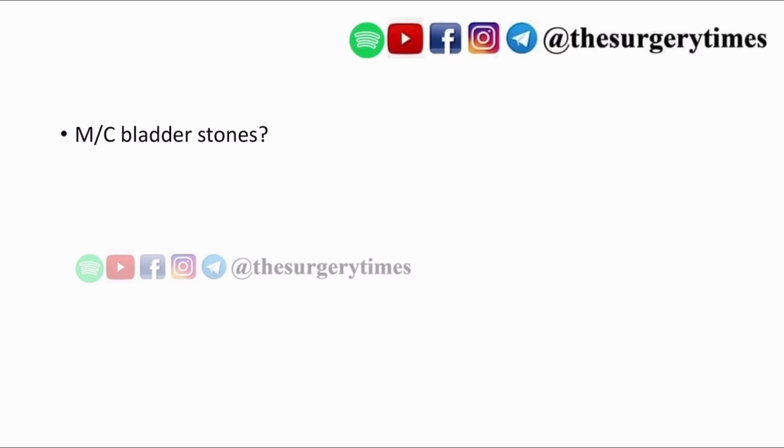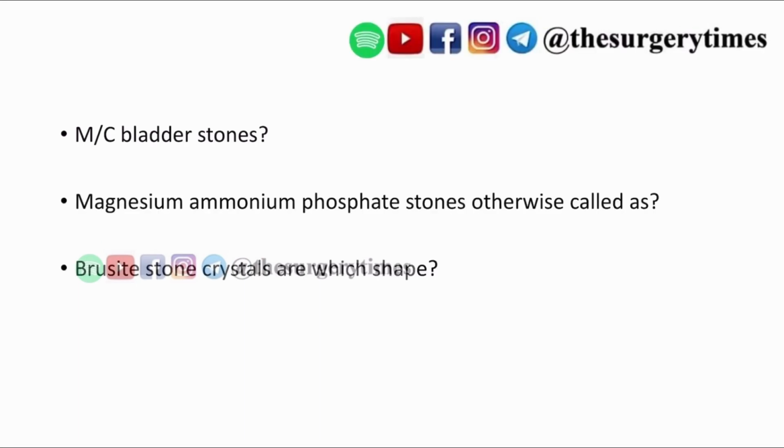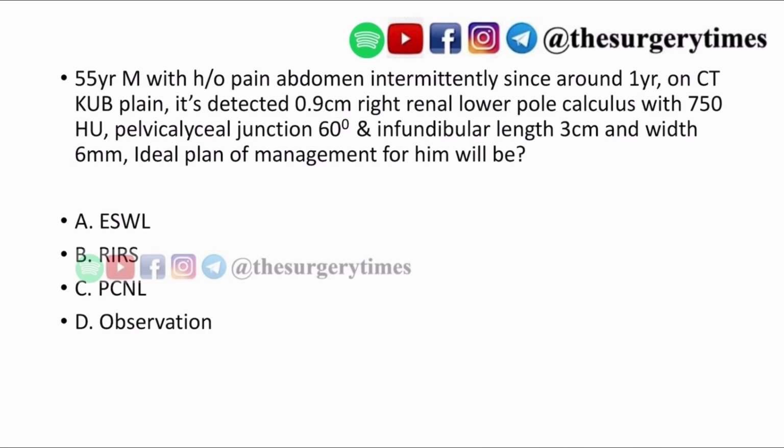Now these are the questions, you can answer yourself. Most common bladder stones: magnesium ammonium phosphate stones, otherwise called struvite stones. Brushite stone crystals are needle shaped. So this is a newly framed question, I have put in order to better understand you. A 55-year male with pain abdomen intermittently since around 1 year.